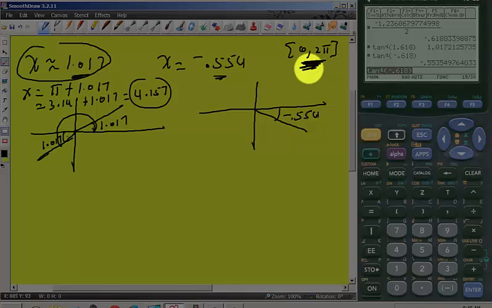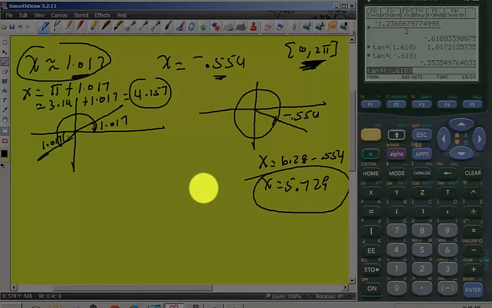So another name for negative pi/6 is 11 pi/6. That means I got to go all the way around to get to that spot, which would be, Brittany, 6.28 minus 0.554, right? 5.729. There we go. Okay, do you see why?